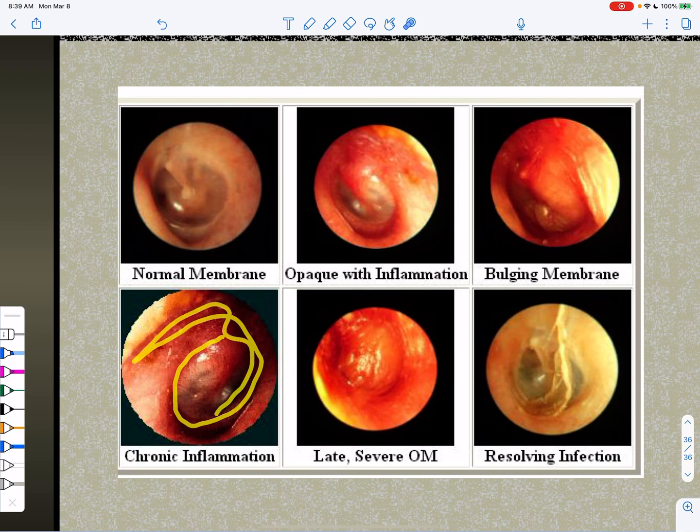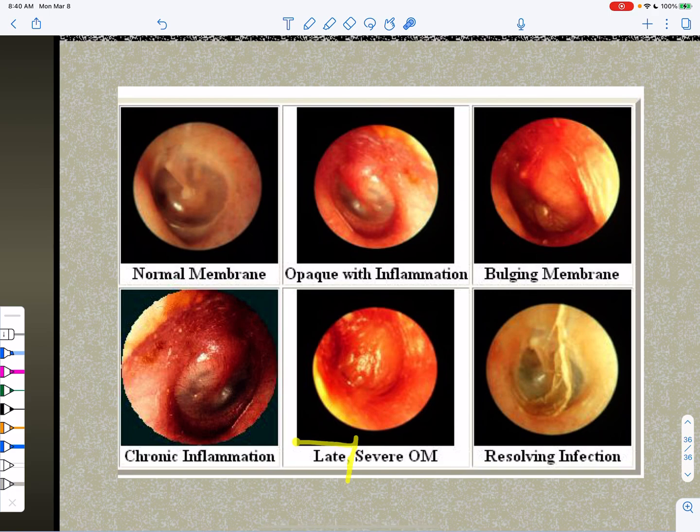This is chronic, meaning that it's happening over a long time. There's lots of inflammation. This is damaging the tympanic membrane for certain. This is the shortened term for the swelling in the ear, the infection in the ear. This is starting to look a little bit better.